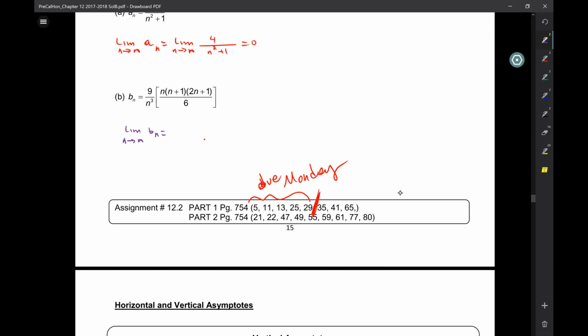But if all we care about is the leading term, then I can do that by getting the product of just these. So 9 times n times 2n over n cubed times 6. Oh, I made a mistake. What did I leave out? I should have limit in there.